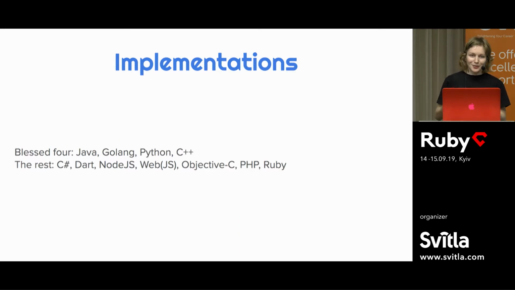So yeah, continuing back into gRPC, it has multiple implementations, blessed for Java, Golang, Python, and C++, and the rest are C#, Dart, Node.js, WebJS, Objective-C, PHP, and finally Ruby. Blessed for means that all security updates or new versions first will arrive to these 4 technologies, and the rest might be waiting a bit longer.